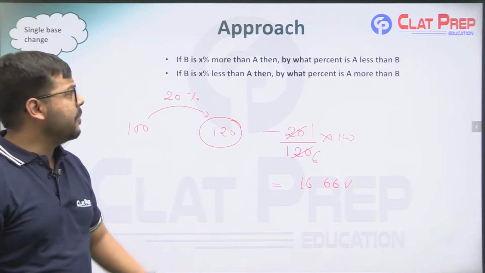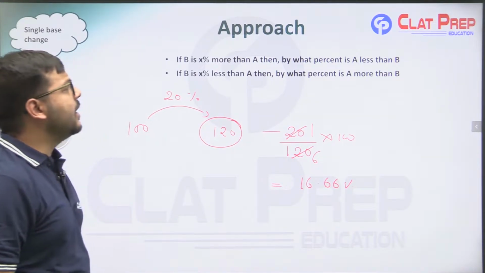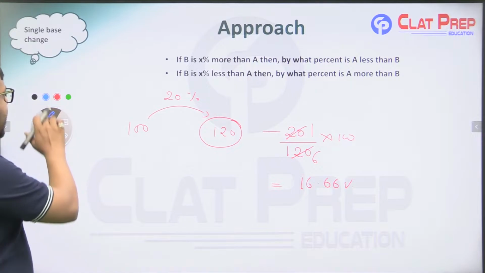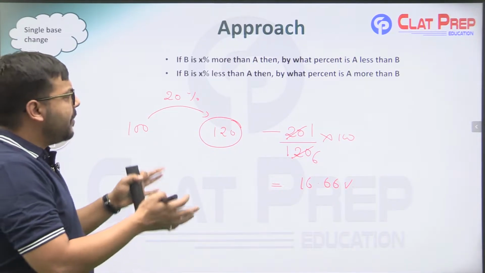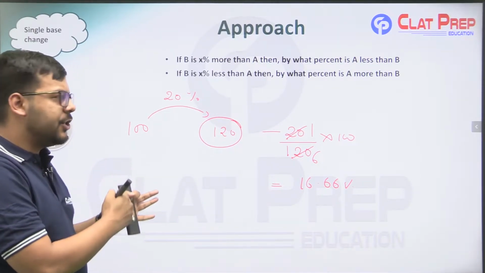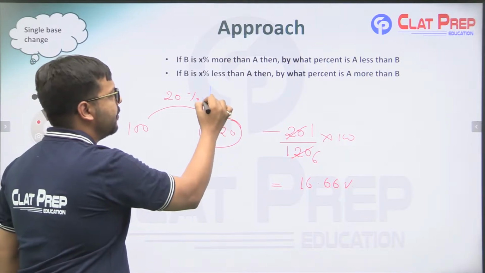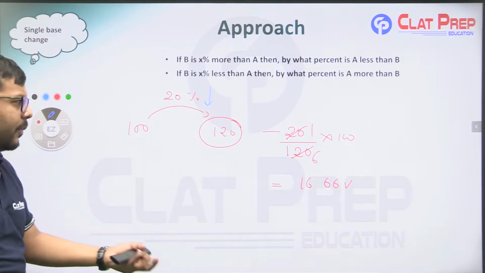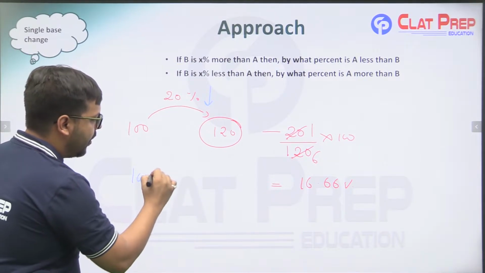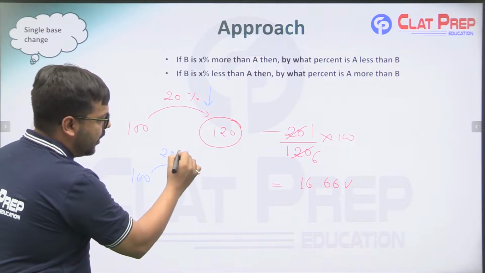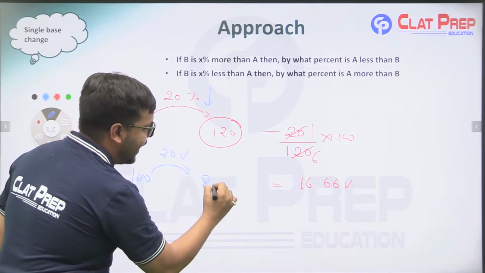Now let us take another example. Say the second statement says that B is X% less than A. I'm taking the same base, initially 100, and let's assume we are supposed to decrease this by 20%. If I reduce 100 by 20%, the result will be 80.